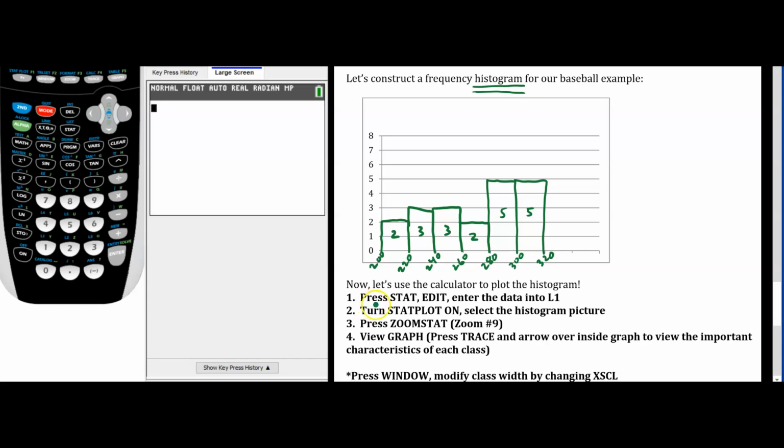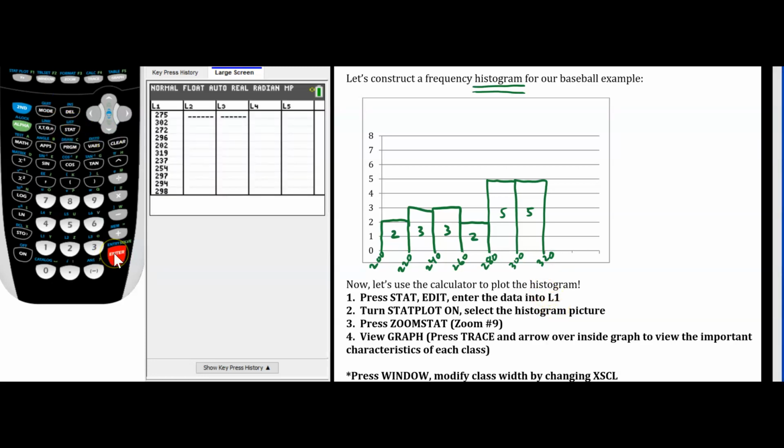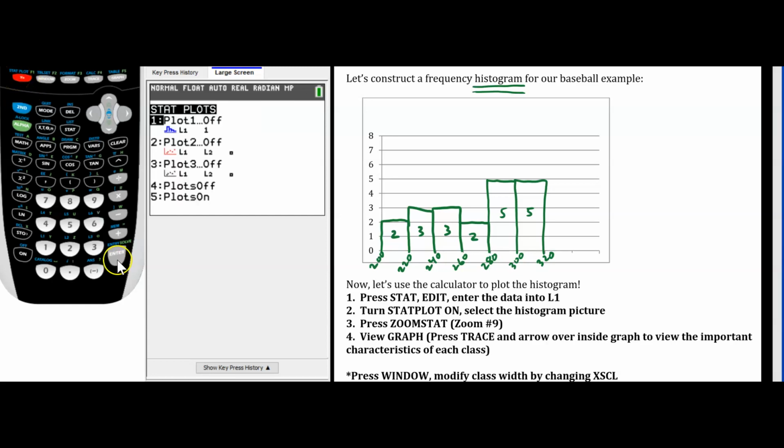The very first thing that we're going to do is press Stat Edit to enter the data into your very first list. And I've already done this, so if I press Stat Edit, you're going to see all of the baseball batting averages in the calculator. Now what I'm going to do is go into second Y equals, and turn the plot on.